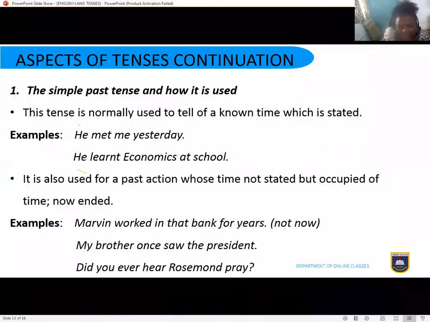Now let's look at the second way by which the simple past tense can be used.